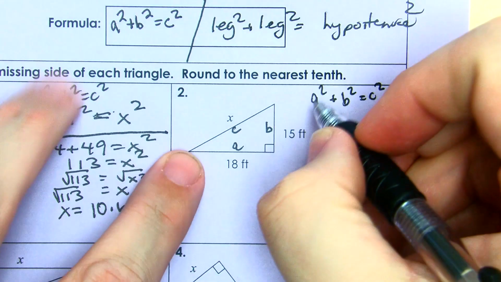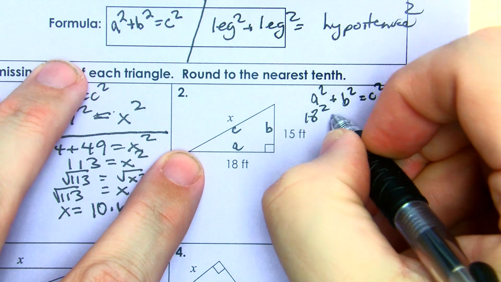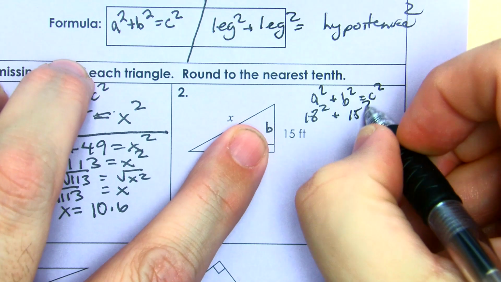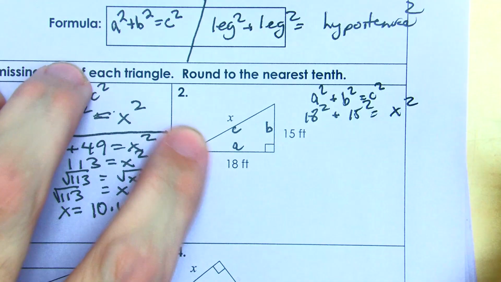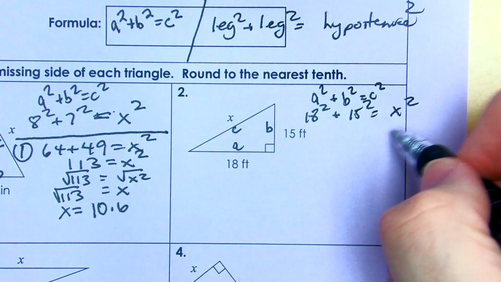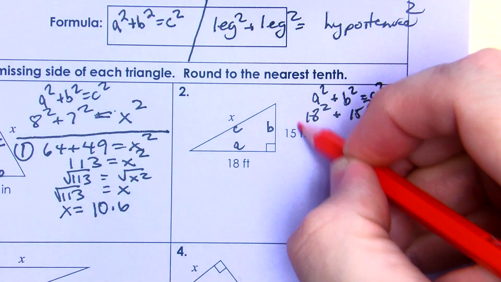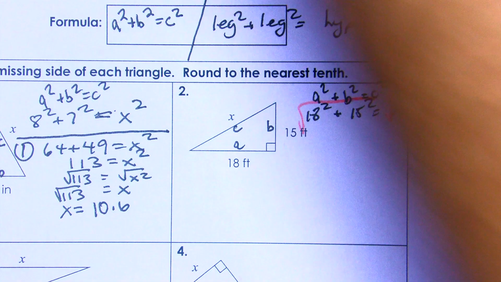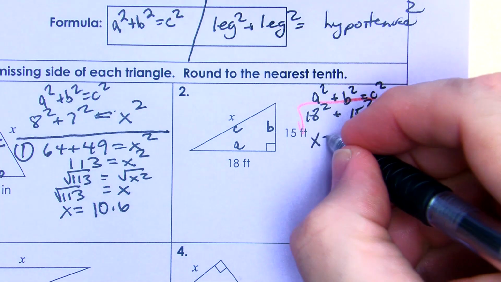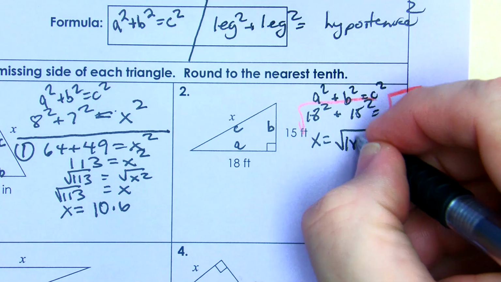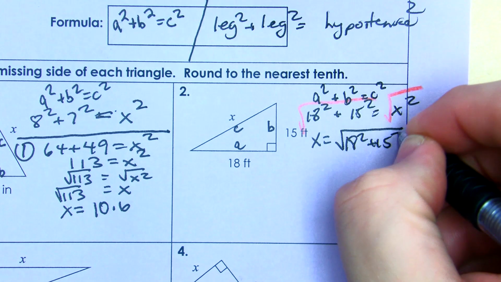So I know my a is 18, so it would be 18 squared plus 15 squared is equal to x squared. So from here, I do know that if I take the square root of that side, I have to take the square root of that side. So x is going to be equal to the square root of 18 squared plus 15 squared.